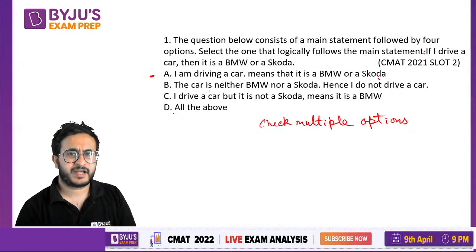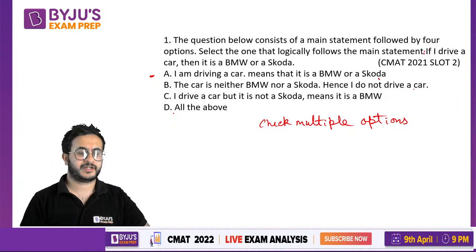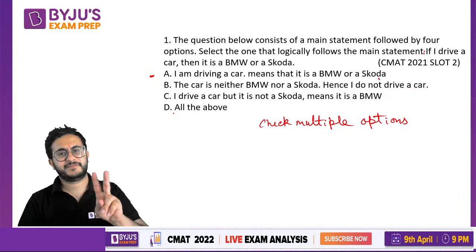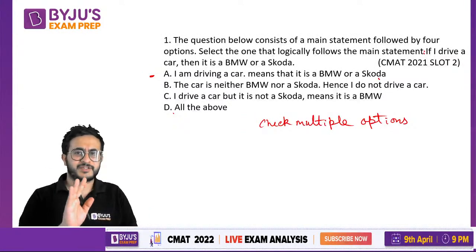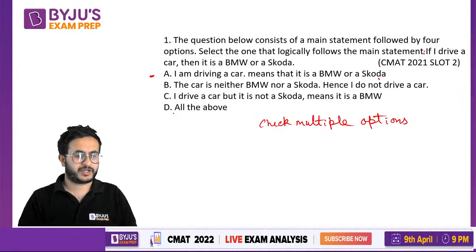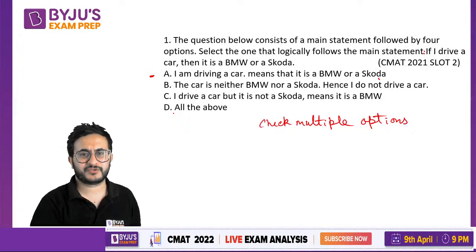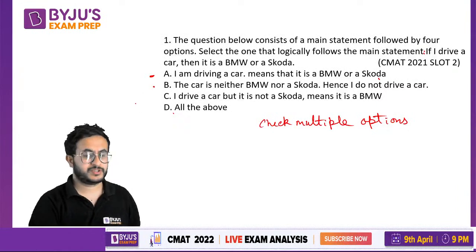It says that the car is neither BMW nor Skoda, hence I do not drive a car. The person drives only one out of two cars, either BMW or Skoda. So he says this car is not BMW and it is not Skoda. So this person will not drive a car, of course, because if he is driving, he has to drive only these two cars. So this is also true.